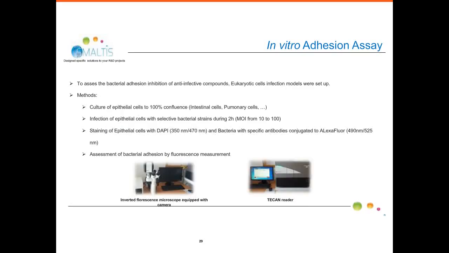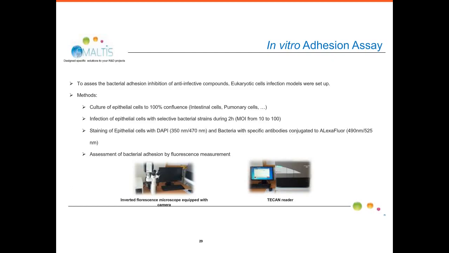The first method is an in vitro adhesion assay performed from eukaryotic cell cultures. Briefly, we cultivate epithelial cells to 100% confluence. Of course, depending on the type of infection or disease you want to study, we adapt the cell models.